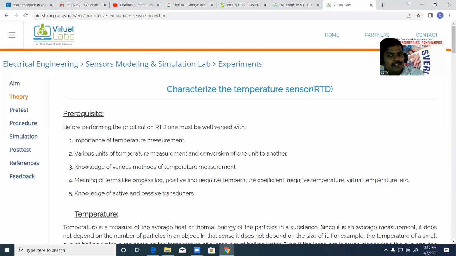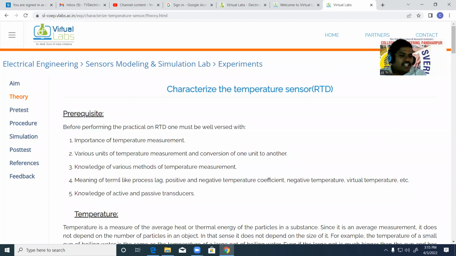So we are converting: there is a conversion of degree Celsius to Kelvin or Kelvin to degree Celsius. So which value are we adding or subtracting? 273 degree Kelvin, no? Okay, so we are adding that to get the Kelvin value.